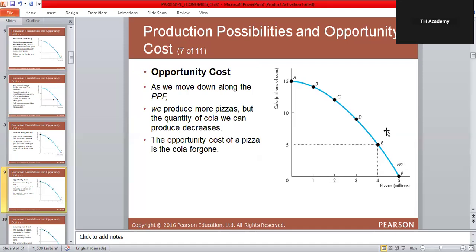So the cola you give up is the opportunity cost of the extra pizza. It works both ways. If you make more cola, the pizza you give up is the opportunity cost. So basically, every choice has a cost, and economics is all about understanding these costs. Opportunity cost is the value of the next best alternative you give up.